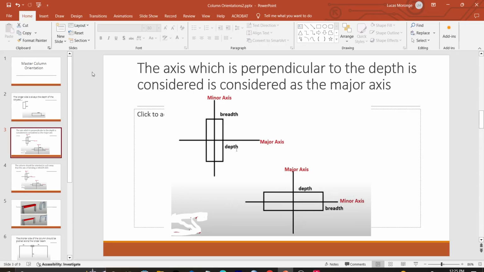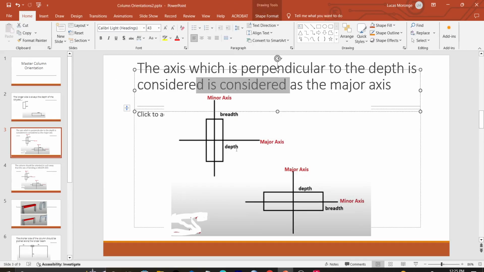In the second part, you should know that the axis which is perpendicular to the depth is considered as the major axis. So this is the major axis, and this is the minor axis. If you orient your column on this side, the major axis will be the one aligned parallel to the depth.